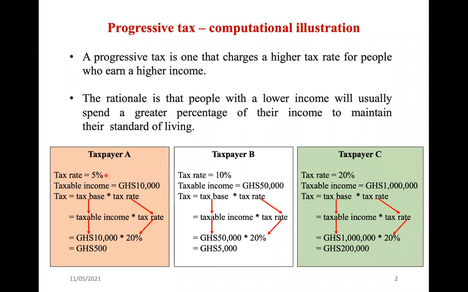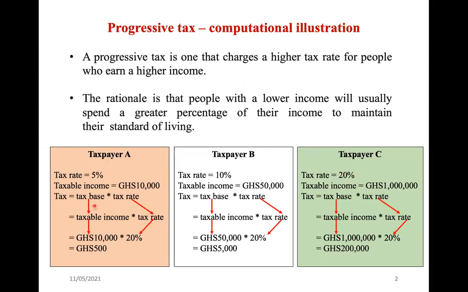And then you realize that because taxpayer B and C's incomes are higher than taxpayer A's, their tax rates are higher than that of taxpayer A. For example, taxpayer A pays a tax rate of 5% on his or her income. Taxpayer B pays a tax rate of 10%, and taxpayer C, whose income is the biggest, pays 20%.